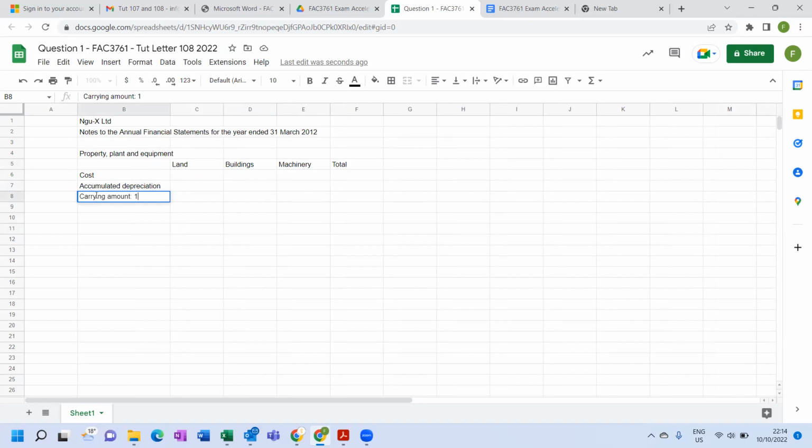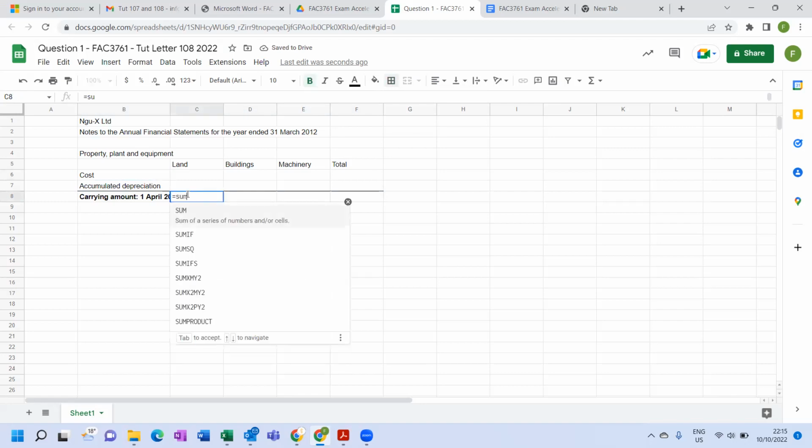Carrying amount at 1 April 2011, the beginning of the financial year. Okay, so there we go. Then we need this. Let's do this.